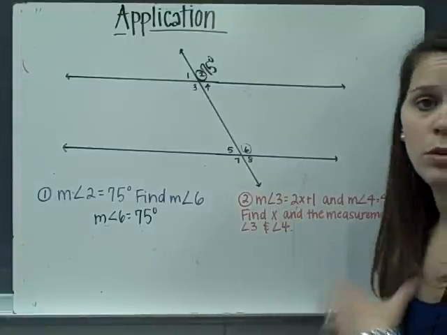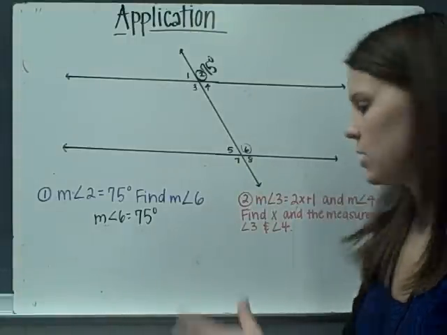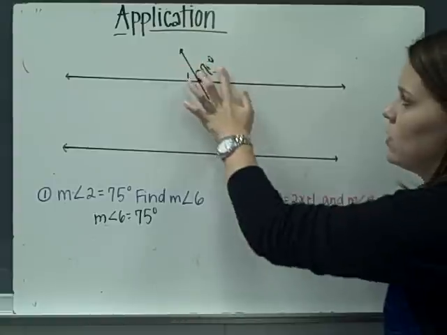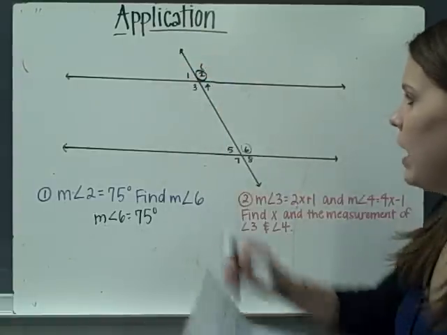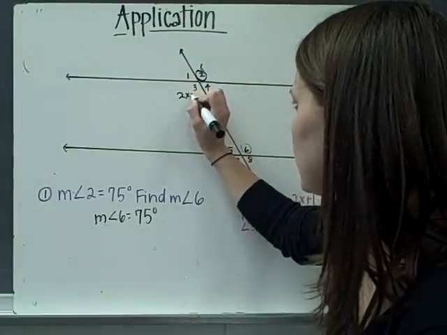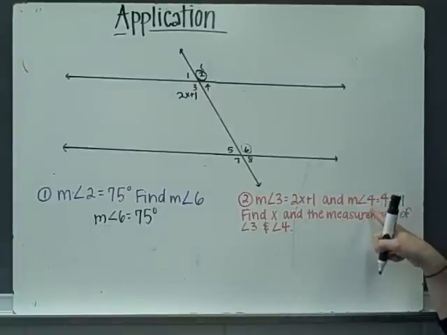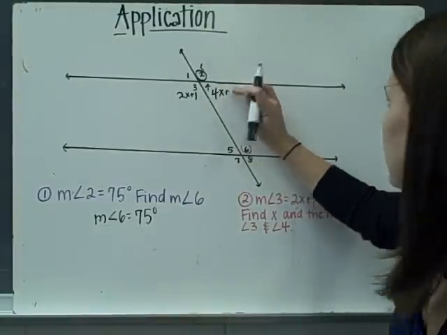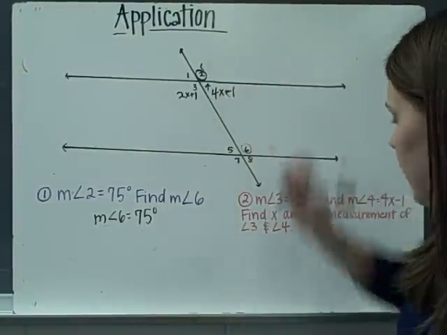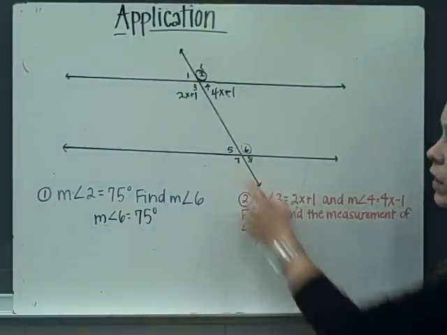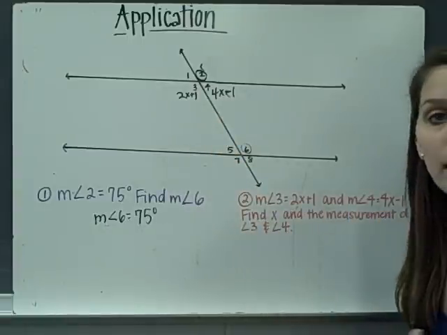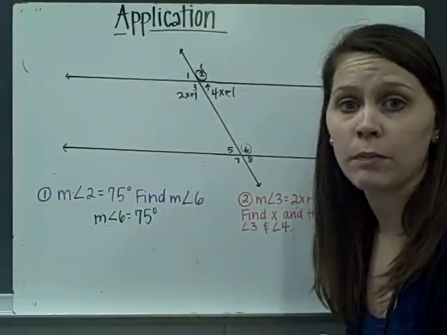Now let's look at number 2. Number 2 is a little more complex. We have the measure of angle 3 is 2x plus 1. So let's erase this. And we have angle 3 to be 2x plus 1. And the measure of angle 4 is 4x minus 1. We want to find what the x value represents and then actually find the measurements for angles 3 and 4.